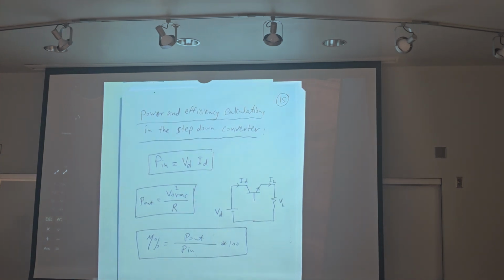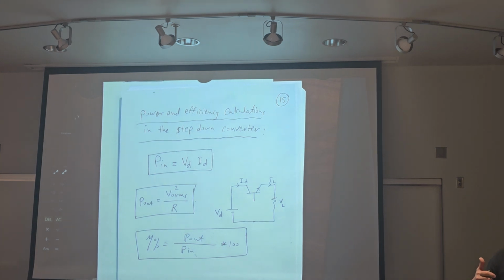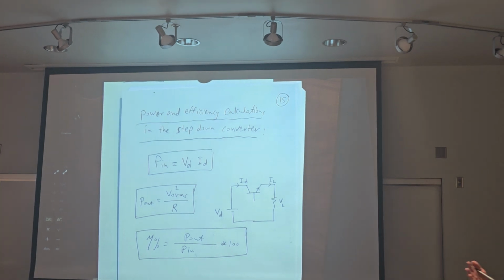That's it. So this efficiency is close to 100 or 99%. But the efficiency of the solar panel is 25 percent, or 26 maximum.